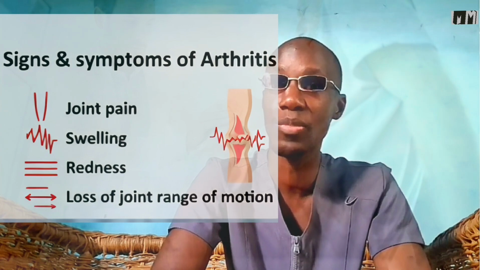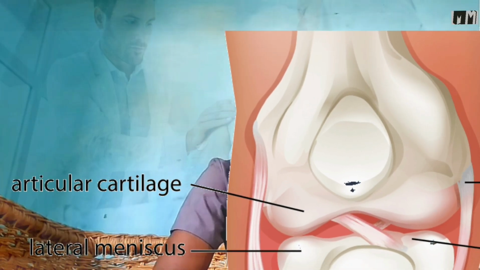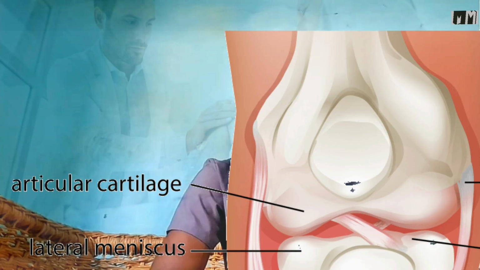Also we have different forms of arthritis, but generally they result in wear and tear of the cushioning cartilage or the soft tissue that prevents the bones from eroding each other at the point of the joint.